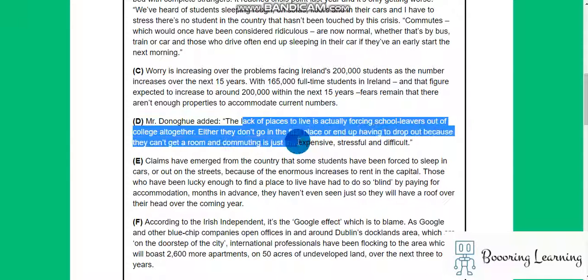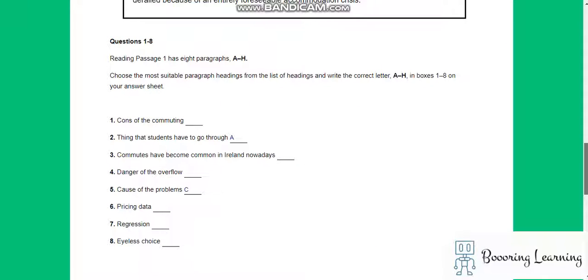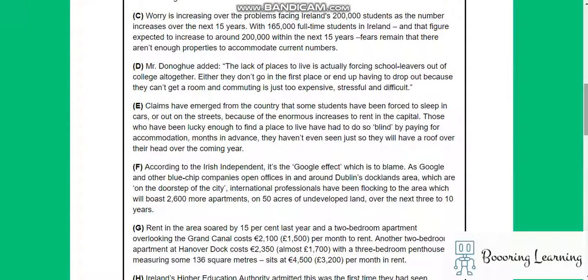Either they don't go in the first place or end up having to drop out because they can't get a room and commuting is just too expensive, stressful and difficult. Cause of the problems, I think. Okay, the lack of places.